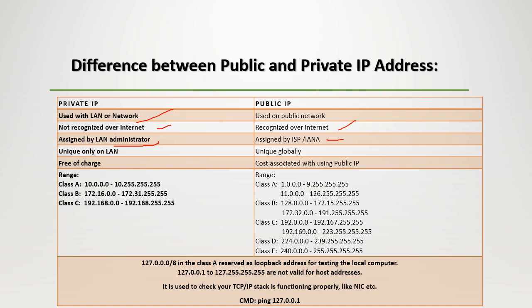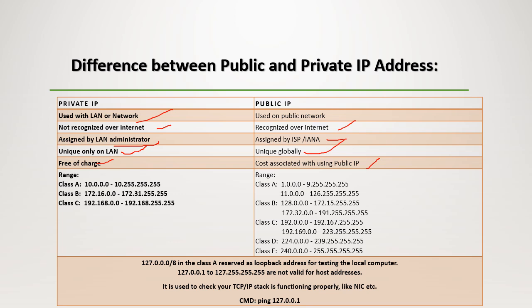To get a private IP, it's free of charge. And for each public IP, there is a cost associated. Suppose you want to get two IPs, you need to pay 2 IP address amounts to your service provider, like 2 connections. And a private address is unique only within your LAN, like your devices which are connected to your router, only unique within your router's network. This public IP is unique globally.